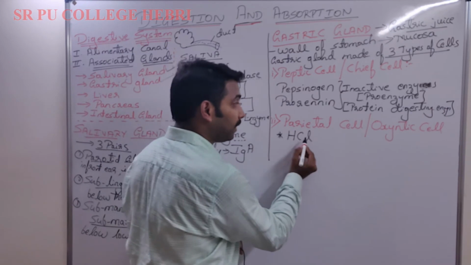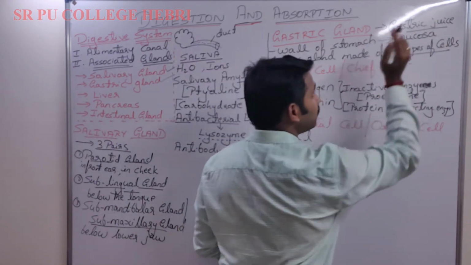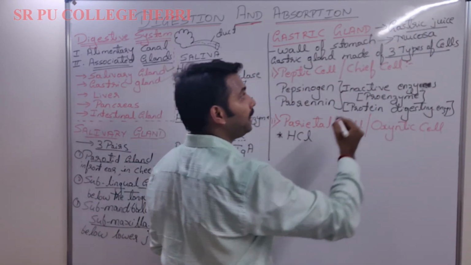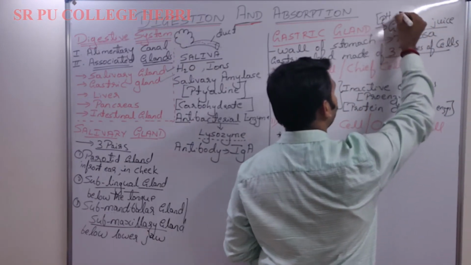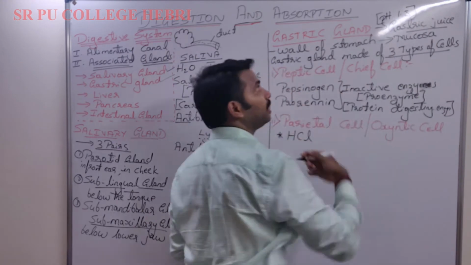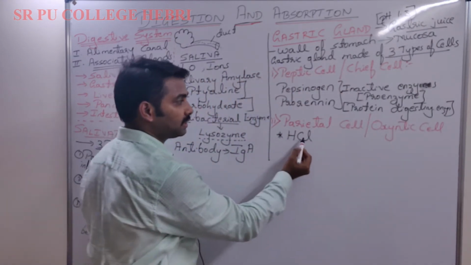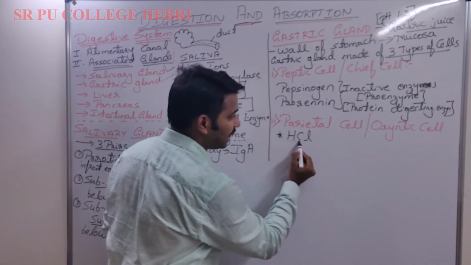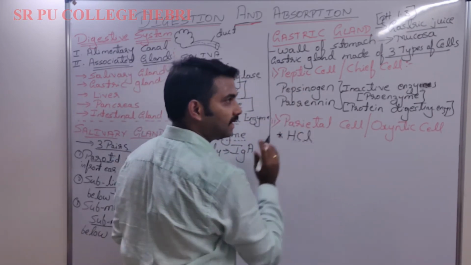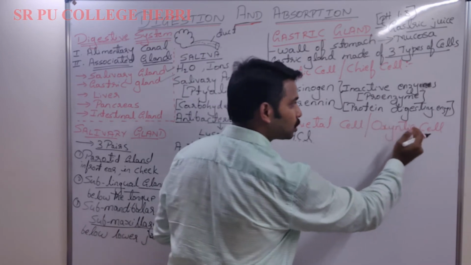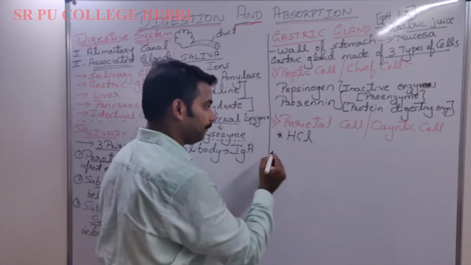Due to the presence of HCl, the gastric juice becomes acidic with a pH of, I will write here, a pH of how much? 1.8, because of the presence of HCl, and this HCl is produced by whom? Peptic cell or parietal cell? Parietal cell, also called oxyntic cell.